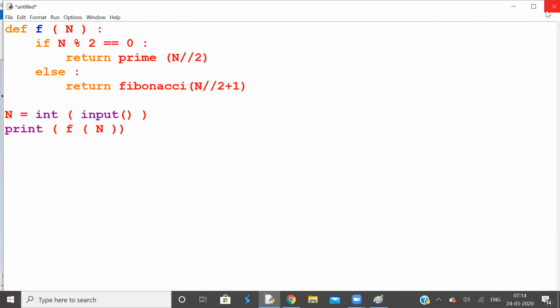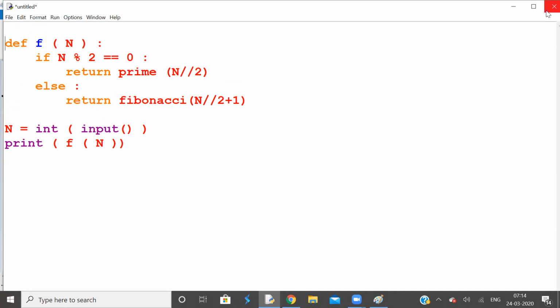Let us write the prime function first. Define prime. So you want the nth prime term.